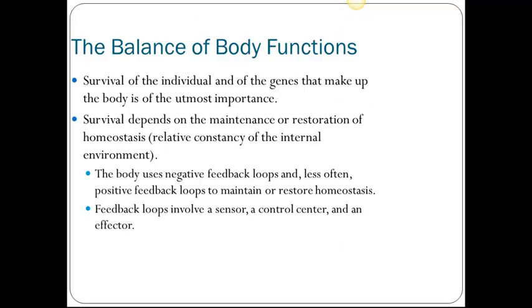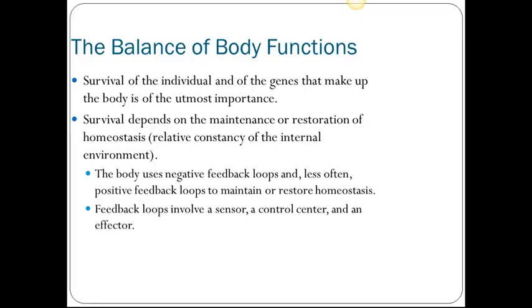Balance of body functions. Survival of an individual depends on the genes that make up the body and is of utmost importance. Everybody's got a little bit different makeup. Survival depends on maintenance and restoration of homeostasis, which is relative consistency of the internal environment. The body uses negative feedback loops and then sometimes positive feedback loops.